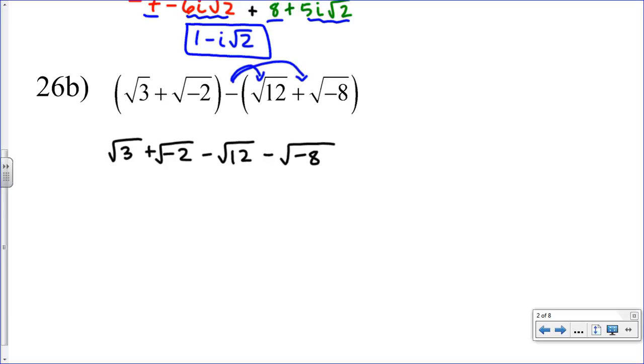So this negative here does not cancel with the negative 8 under the radical. It's under the radical, so you can't put those together.